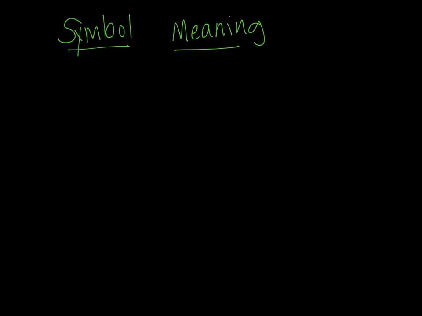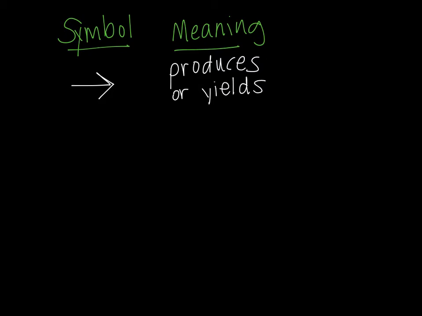First, we had the reaction arrow in between the reactants and the products. That arrow stands for the word produces or yields. The arrow tells you that this is what the reaction makes.